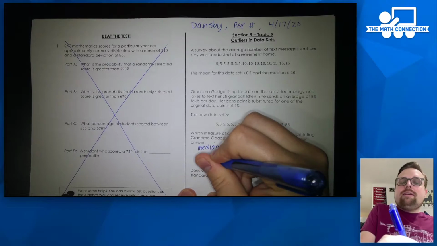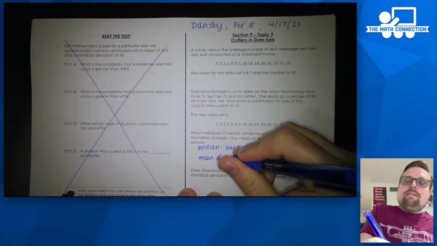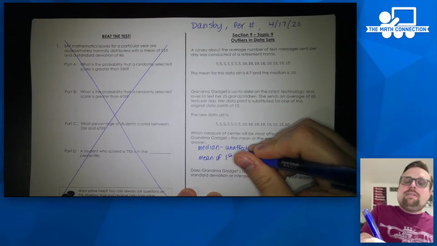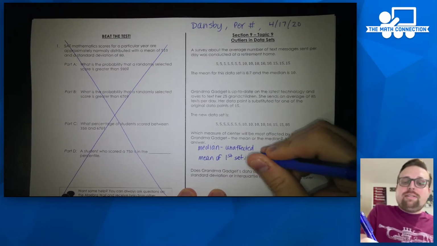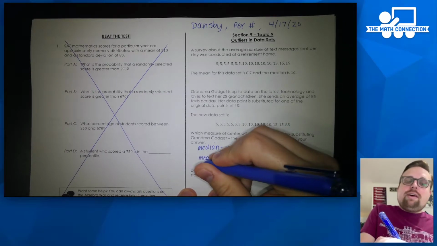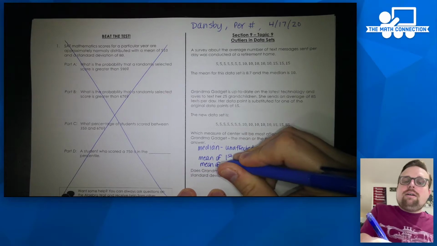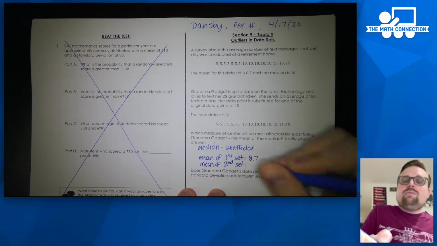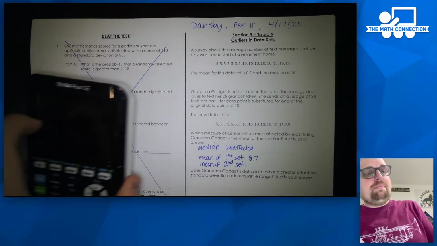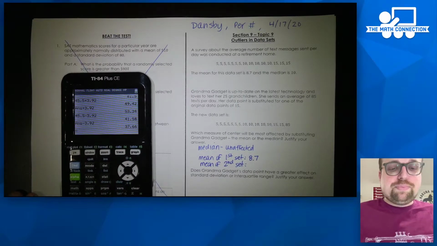And then let's make a note of the first data set. Mean was 8.7. They told us that. And then the mean of the second set we need to calculate. So let's go ahead and do that.